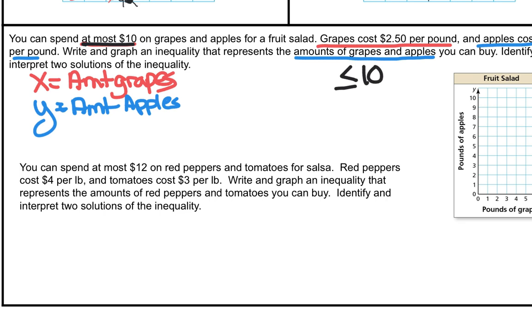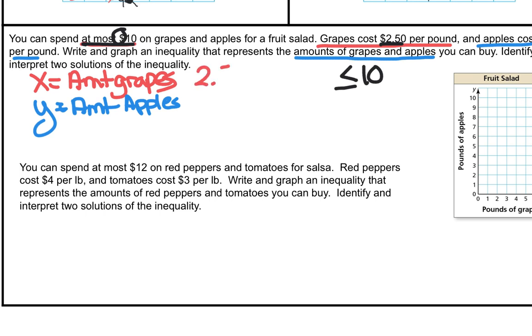So this is money, right? They got that dollar sign, money. So we're going to be using these amounts. All right, so grapes, they're $2.50 per pound, so that was x, right?